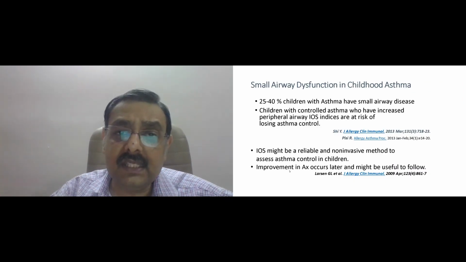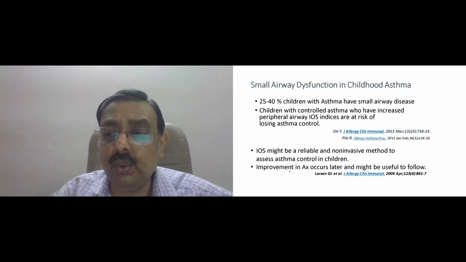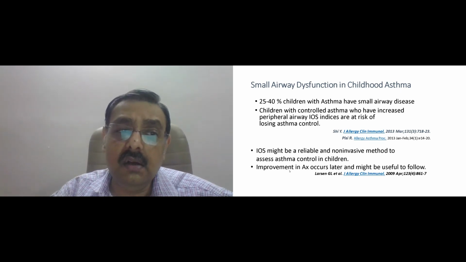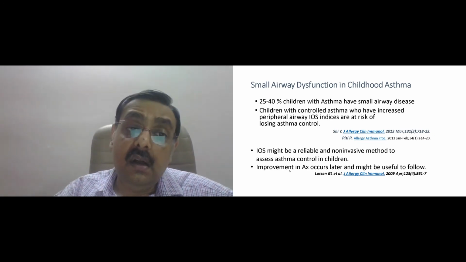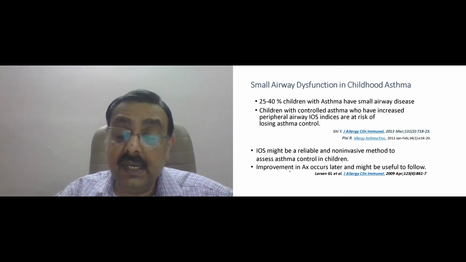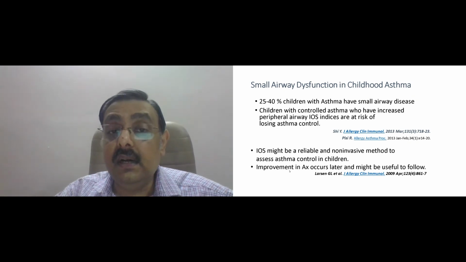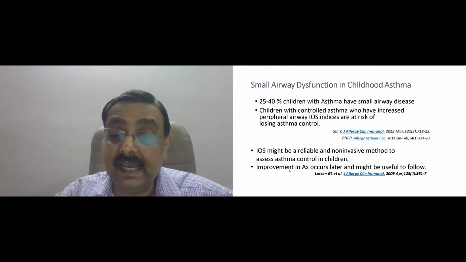So, small airway dysfunction in childhood is again a phenotype which is seen, and it is believed that 25 to 40% of children with asthma will have small airway disease. Children with controlled asthma who have increased peripheral airway obstruction are at increased risk of losing asthma control.